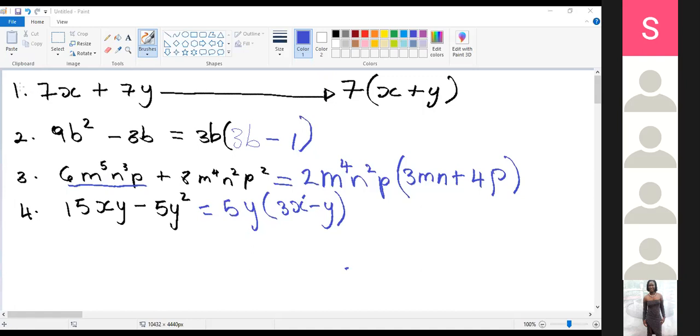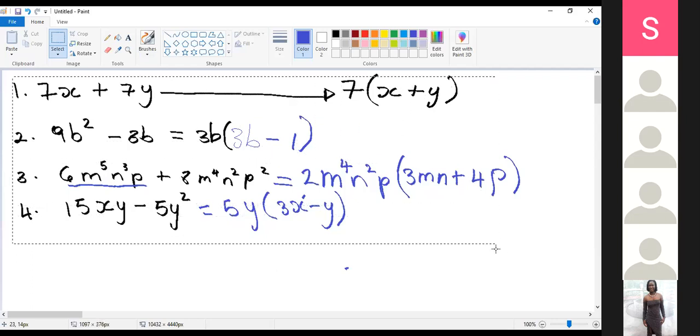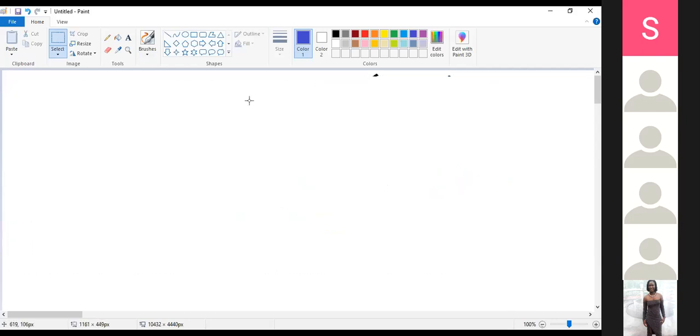All right, fine. So we're going to move on to a different type of factorization. We're just going to be doing different types of questions now. We're working our way up to the quadratic expression, because you can't just jump at it, otherwise you're going to run into problems. So we're going to start off now with questions of this nature.